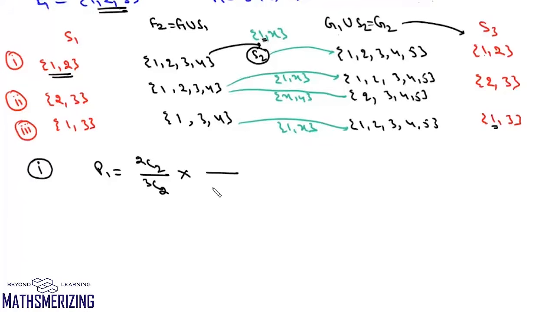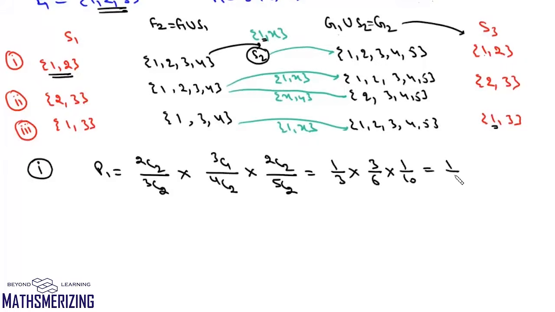So total number of ways is 4C2, and if 1 is always included, then it will be 3C1. Now from this, we have to select S3, which is 2C2 upon 5C2. So this probability will be 1 by 3, and this is 3 by 6, and this is 1 by 10. So it is 1 by 60. So this first case, it is 1 by 60.